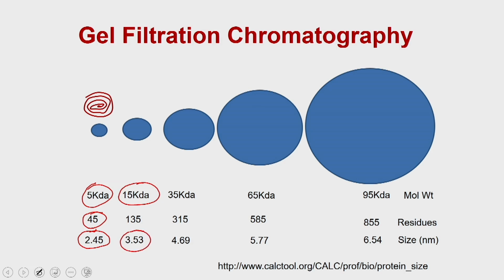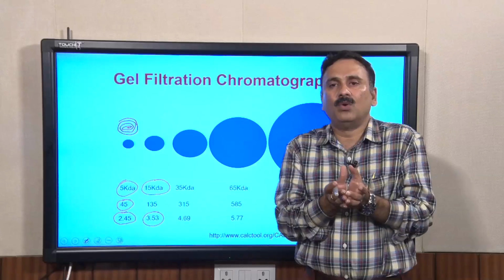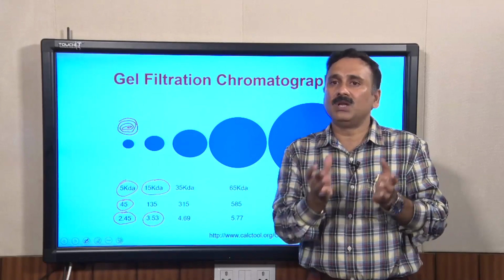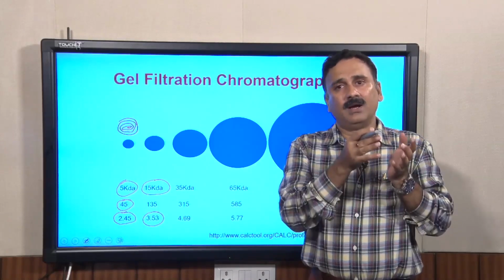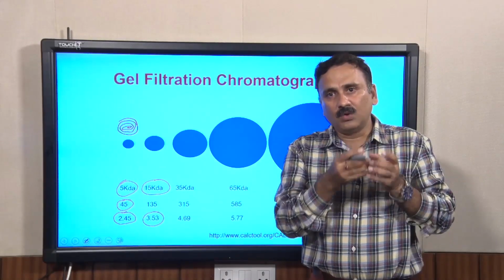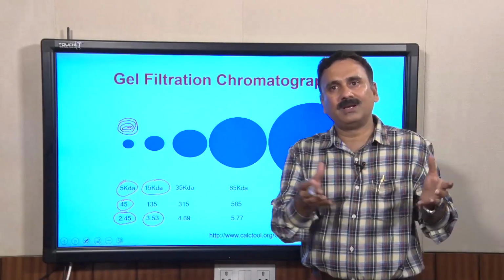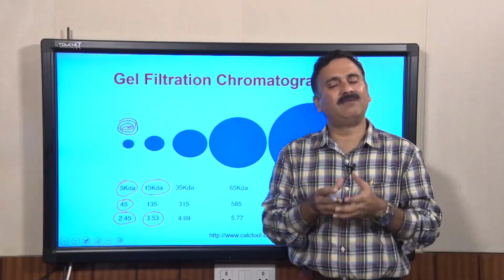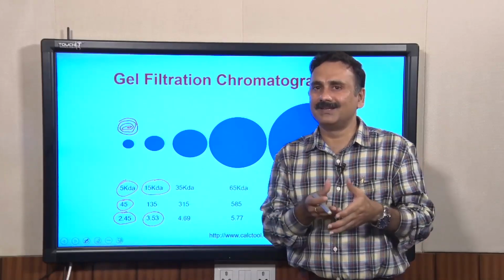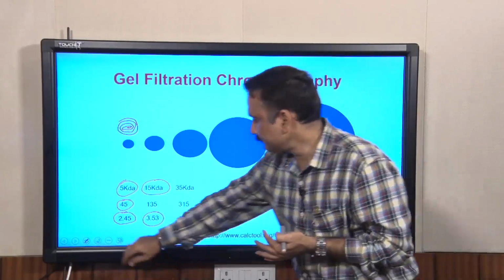So, what you will see is that as the protein size increases, the volume or the diameter of this ball also increases. This is mostly applicable only for globular proteins, not for fibrous proteins. A classical example of a globular protein is hemoglobin; for a fibrous protein, the classical example is our hair.